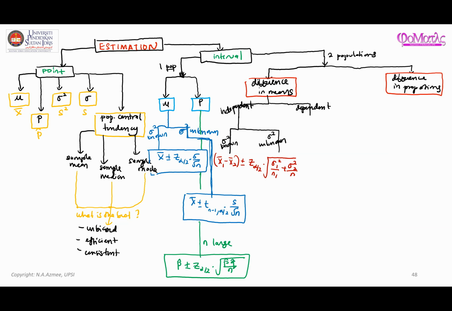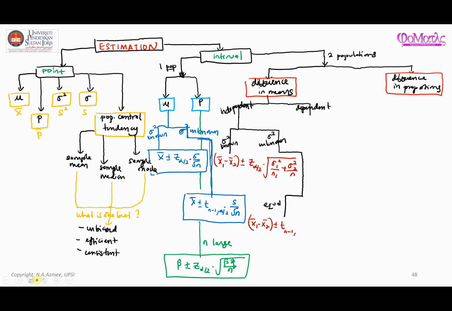Okay, so next is, if the population variance is unknown, but it is assumed to be equal, therefore the formula for the interval estimation is going to be x bar 1 minus x bar 2 plus minus t, n1 plus n2 minus 2, alpha over 2.